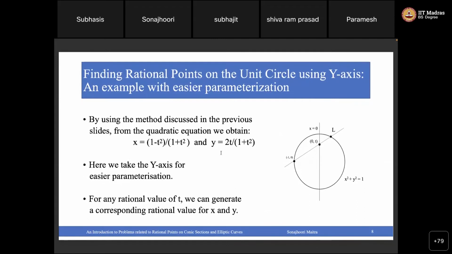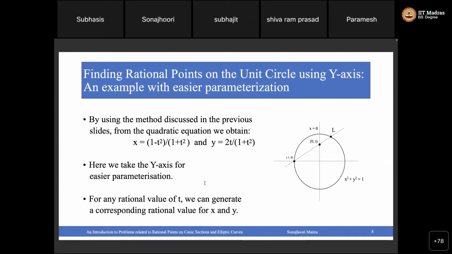So using the same method that we discussed in the previous slide, we find that the value of x is 1 minus t squared by 1 plus t squared, and the value of y is 2t by 1 plus t squared. Now from here we can see that for any rational value of t, we will get a rational value of x and a rational value of y. And we can put infinite rational values in place of t. So we will get infinite pairs of x and y. So this is for better understanding, and this is an easier example.